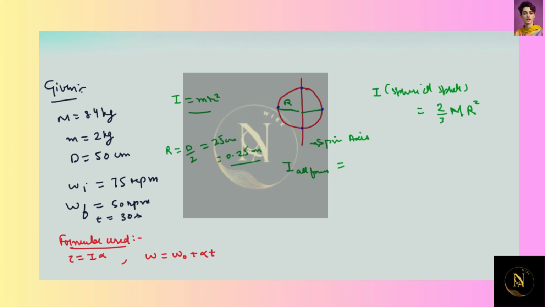Similarly, the moment of inertia of this mass is also 0. But the distance from the axis to the other small masses is R, so we have contributions from this mass and this mass. So this becomes m r squared plus m r squared, which is 2 m r squared.